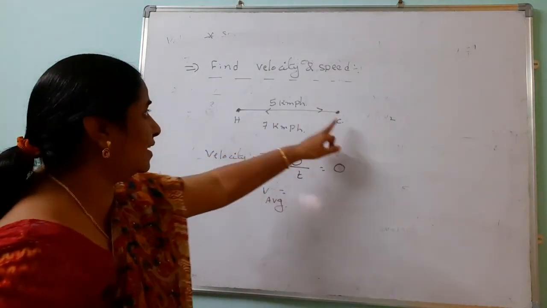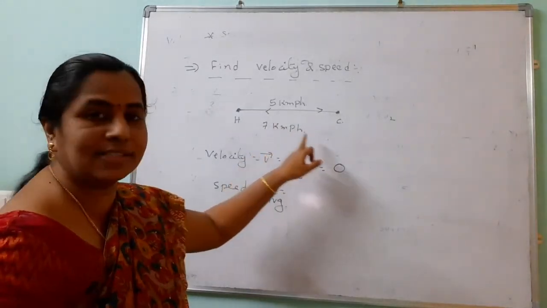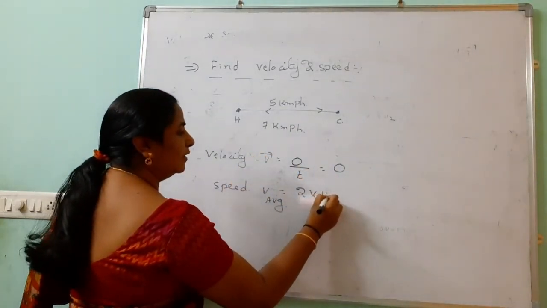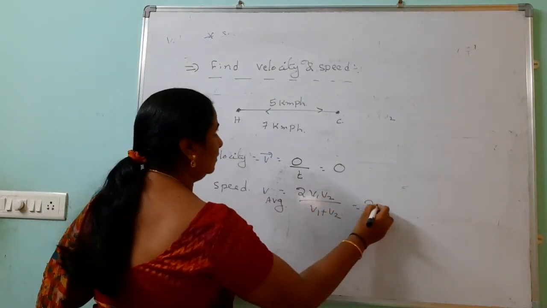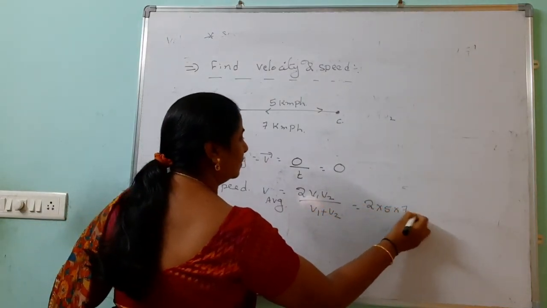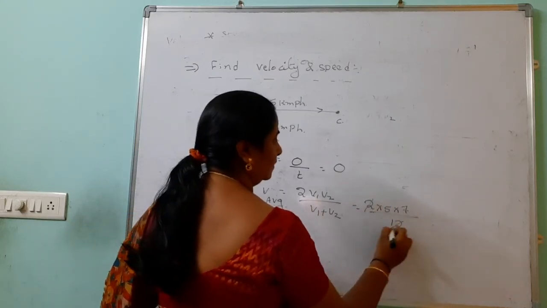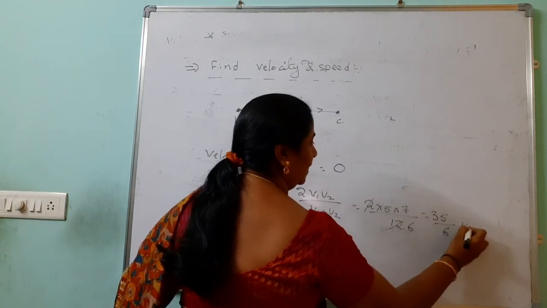Same as before: half of the distance is covered at 5 kmph and the remaining half at 7 kmph. As usual, we use 2v1v2 by v1 plus v2: 2 into 5 into 7 by 12, which is 35 by 6 kmph.